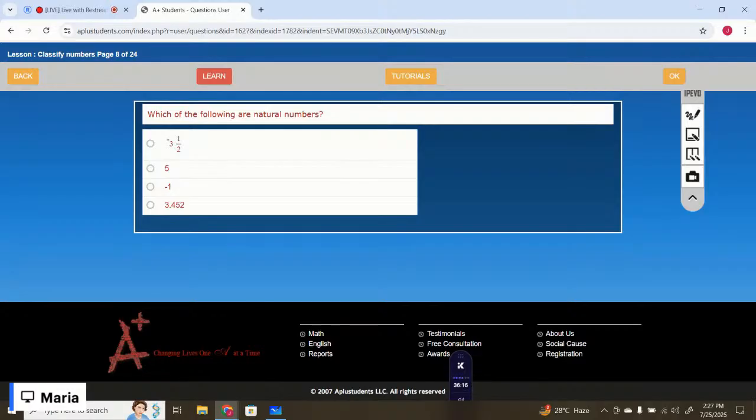Which of the following are natural numbers? Option 2 is the correct option. 5 is a natural number.